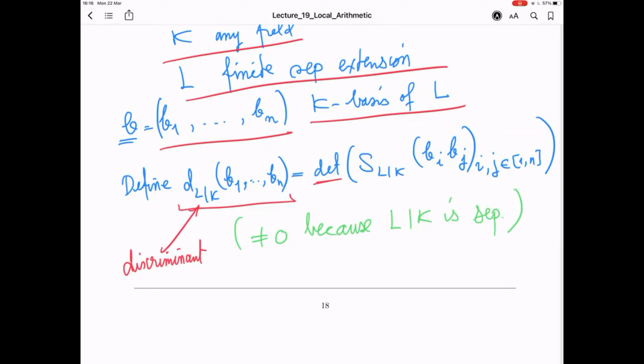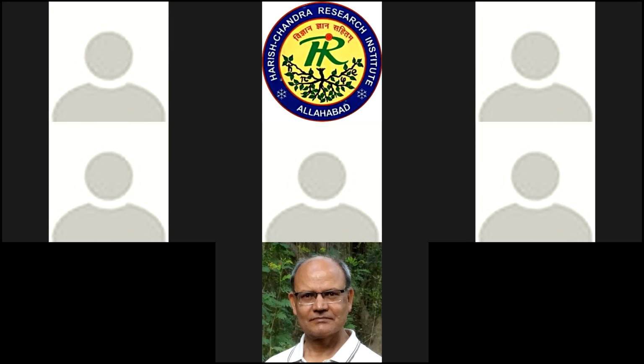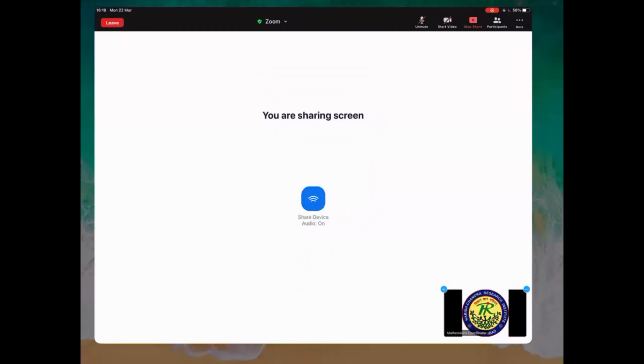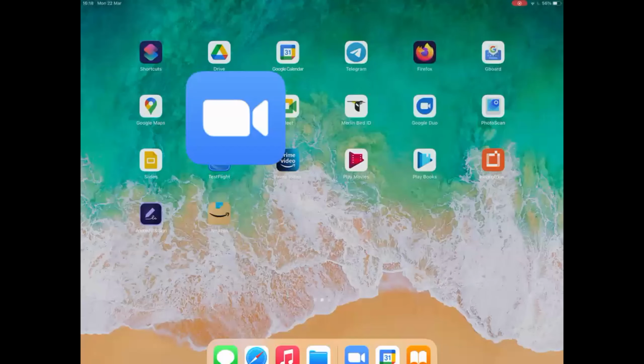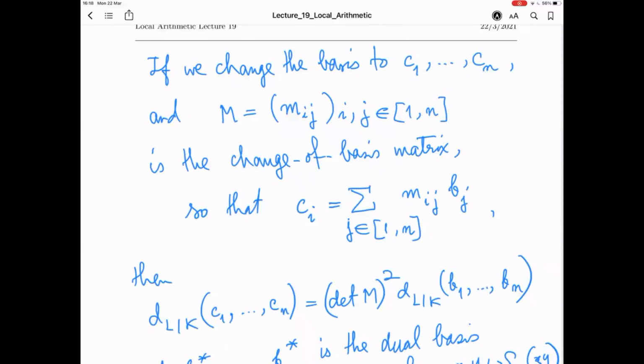Okay, that was the discriminant of a basis, when we chose a basis. What happens if we choose a different basis, C1 to Cn?